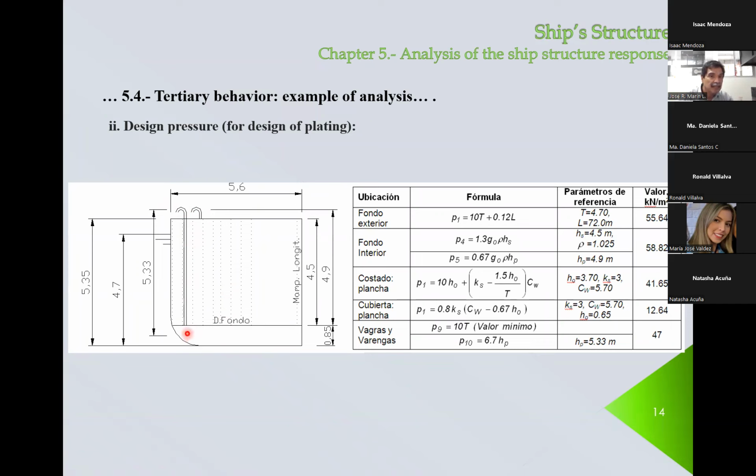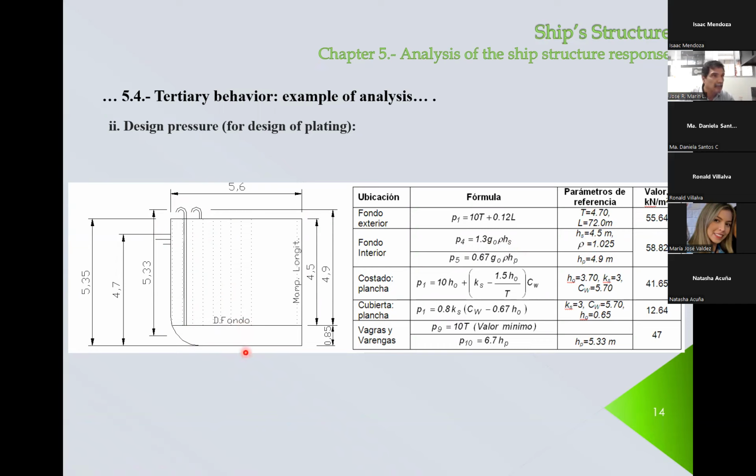That means that the height to calculate the pressure on the double bottom is not up to here, but up to here. That's why we have a higher value, 4.9, and this value is larger than this one here. Because by mistake, by accident, you can expect to have all of this, including the tube, filled with water. So that increases the pressure acting on the double bottom.